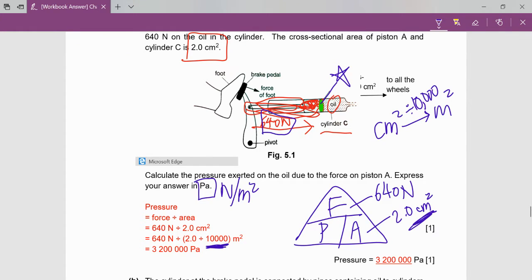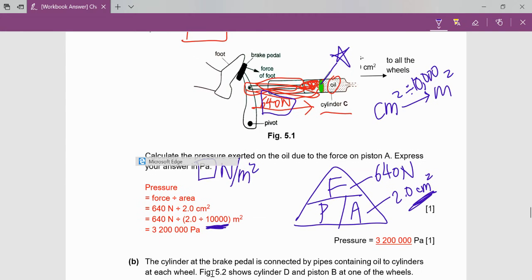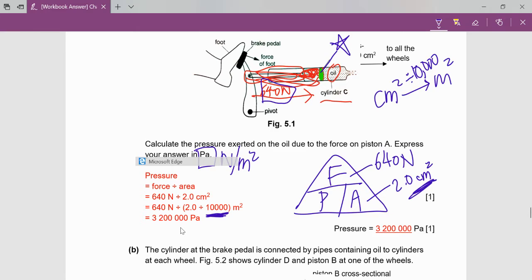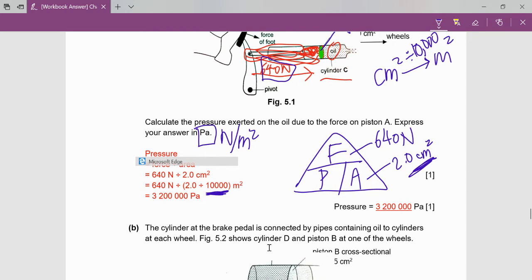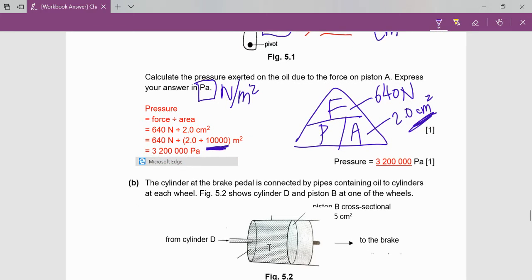Alright, then you'll be able to convert. Then this will be your answer, please. Mark your work, check it, do corrections. You may pause the video at any time if I'm going too fast, okay?